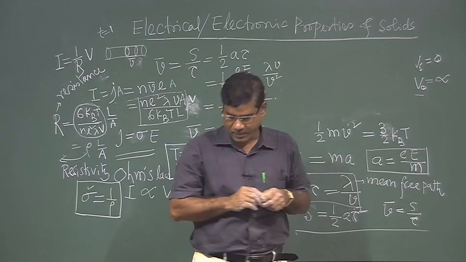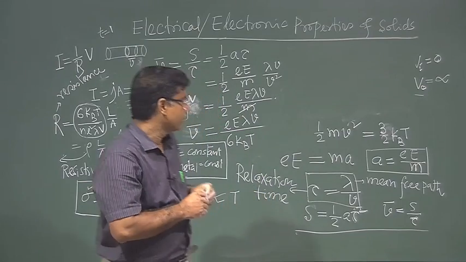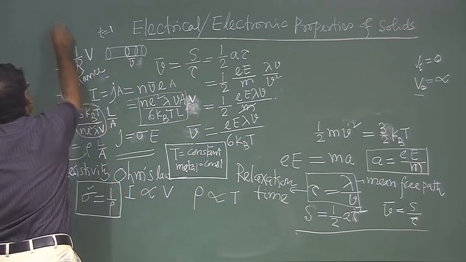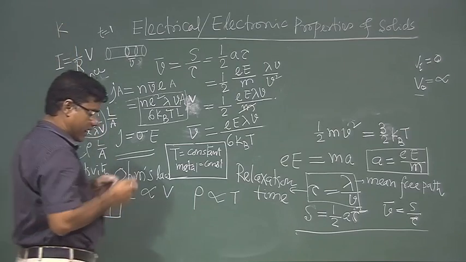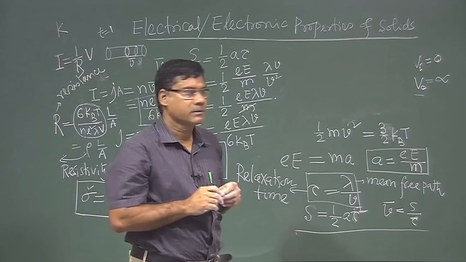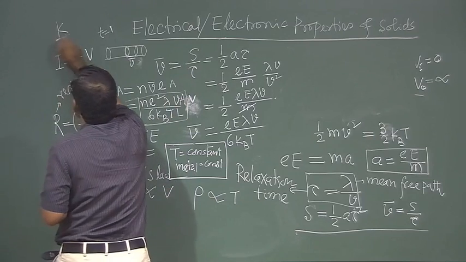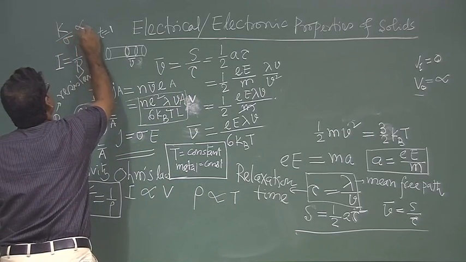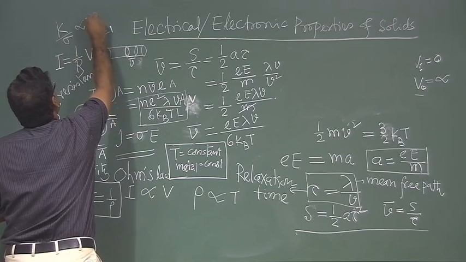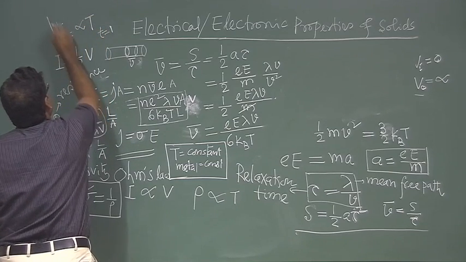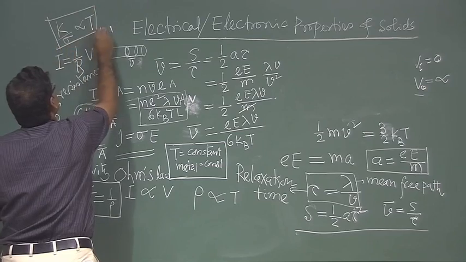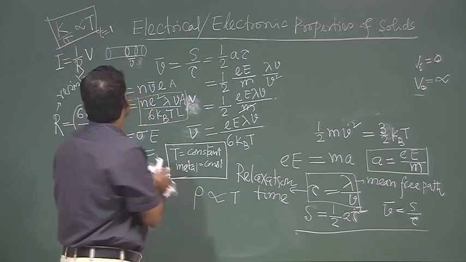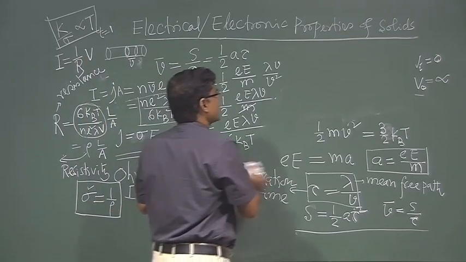Next, if I want to see the Wiedemann-Franz law, k by sigma is proportional to T. If I want to prove it, I need this sigma expression.